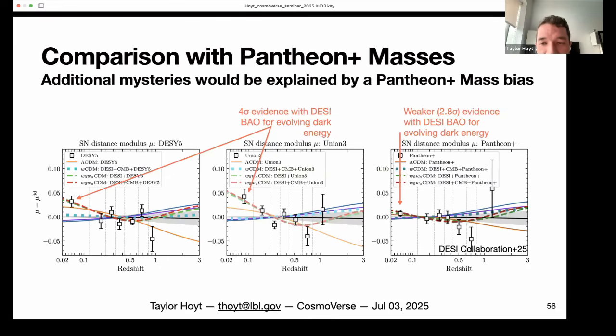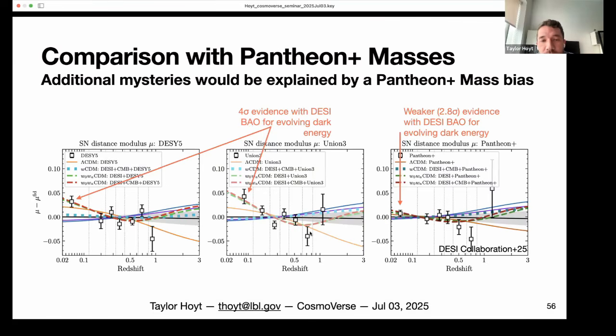I really want to draw our attention to the right two panels since about 70 or maybe even 80% of supernovae overlap between Union and Pantheon. So essentially the points should really track very tightly, but they do not in the lowest redshift bin. They differ by about 400ths of a magnitude. But the other points agree fairly well, maybe 200ths.